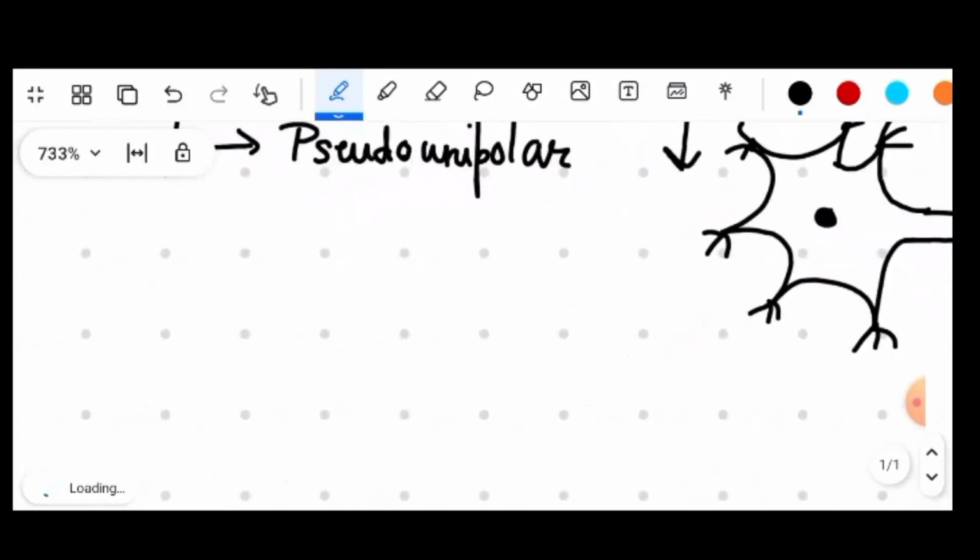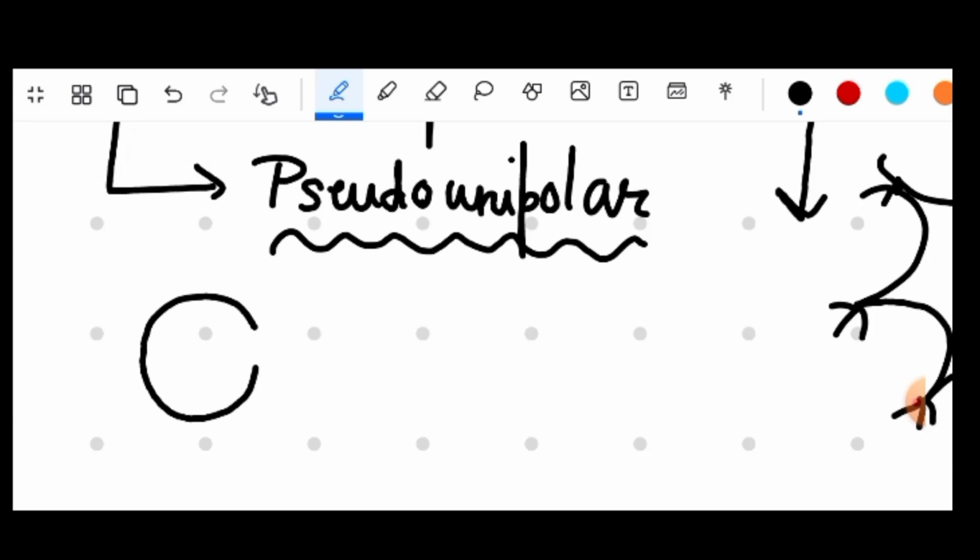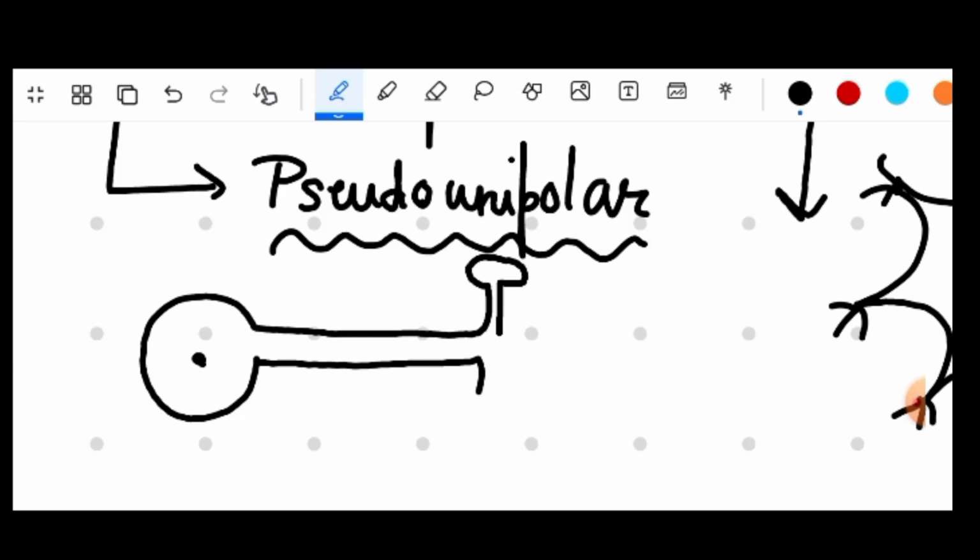Now the pseudo-unipolar neuron is an exception here, which is initially looking like a unipolar neuron, but later on gets branched here. One portion becomes the synaptic end bulb, while the other portion turns around into the axon. The other portion turns into the dendrite, like this.